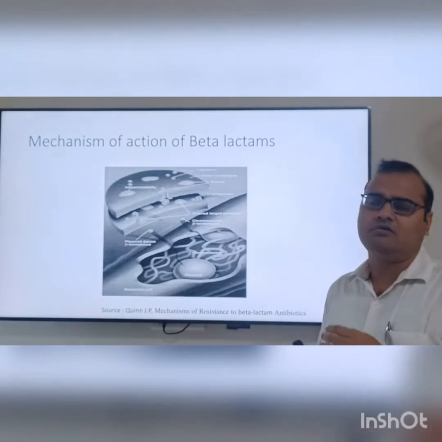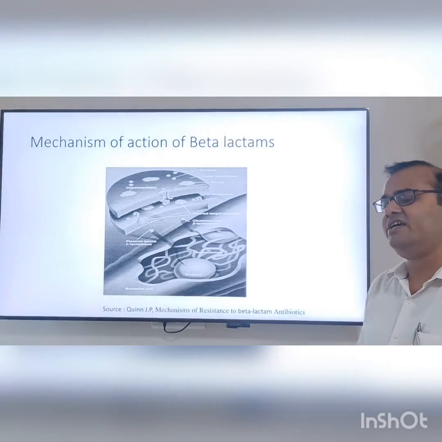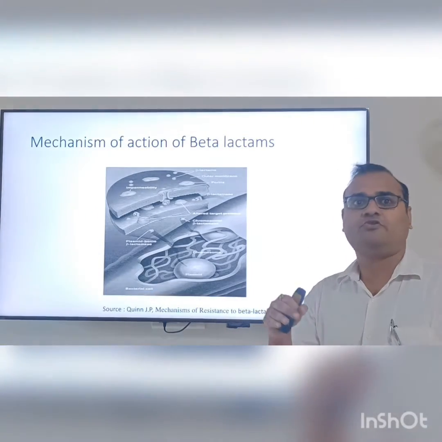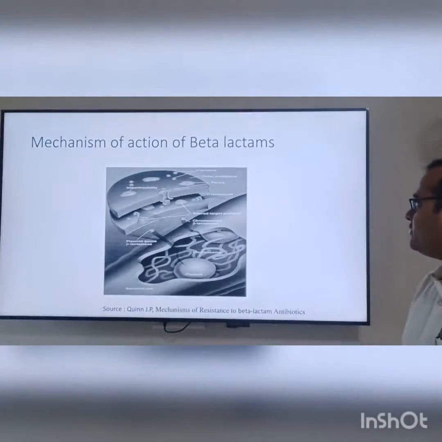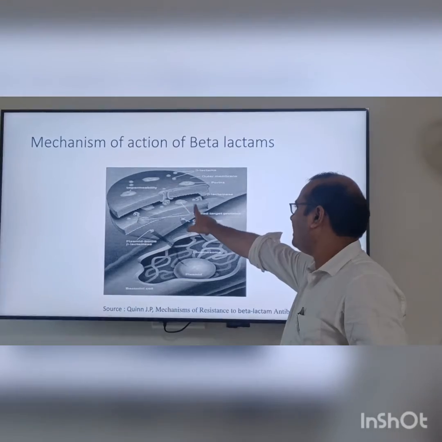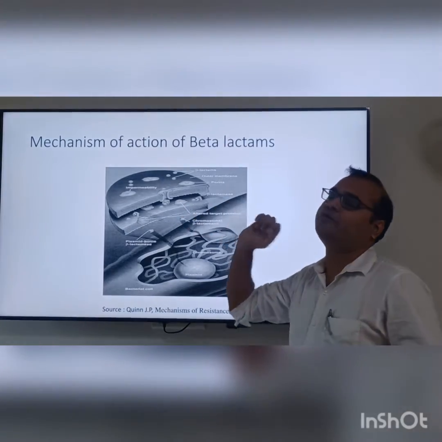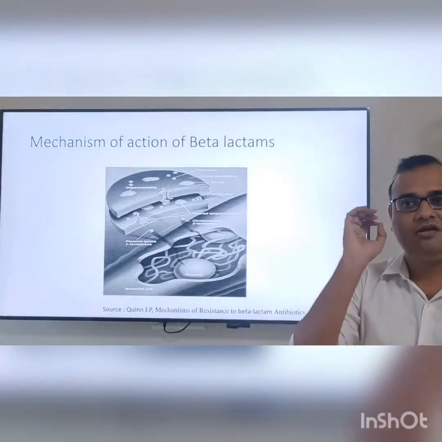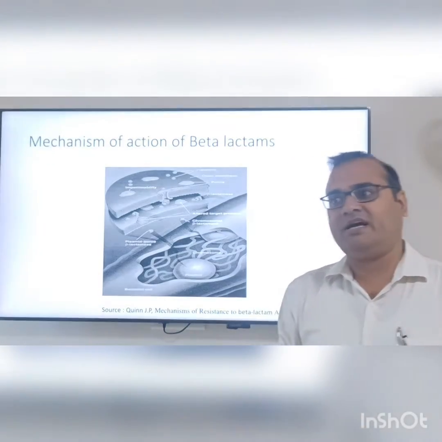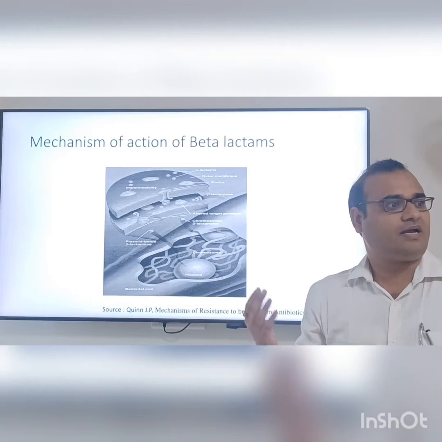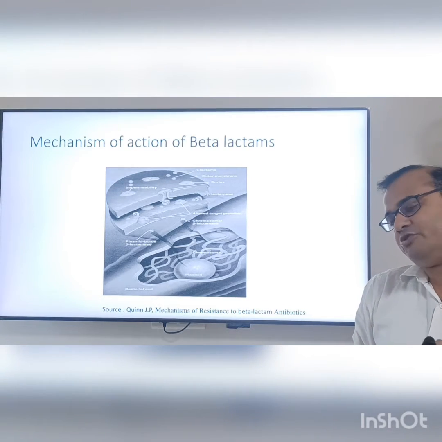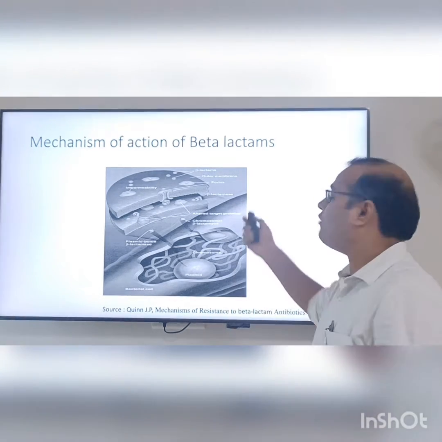Now, how it has its effect is that it has to bind to the penicillin binding protein, or target protein. But for gram negative bacteria, there is one extra step that needs to be done by the beta-lactam antibiotic, which is to overcome the outer membrane.